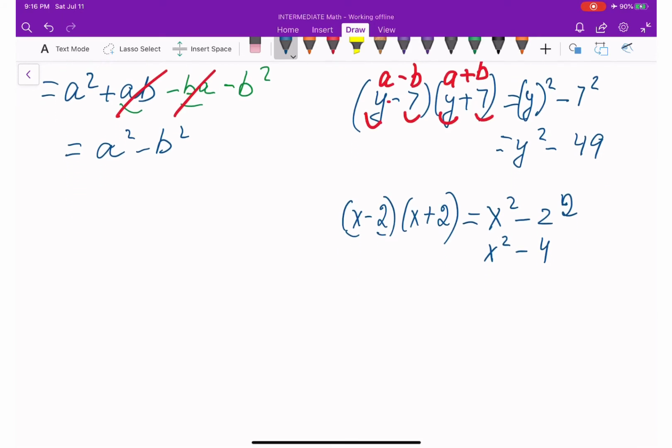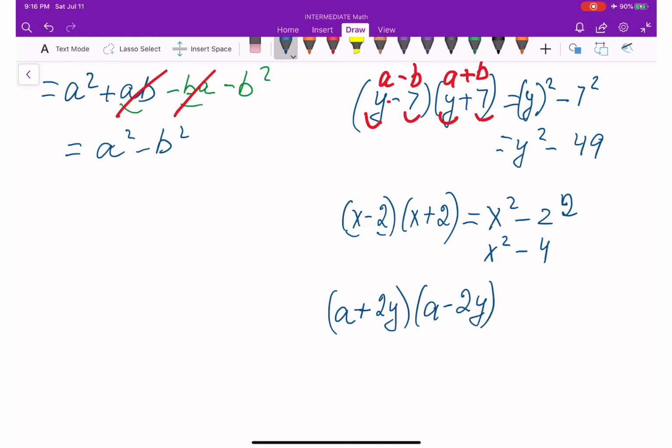Another one. Now is there any difference which one you put first, subtraction or addition? Absolutely not. Let me put addition first in the next case. A plus 2y times A minus 2y.